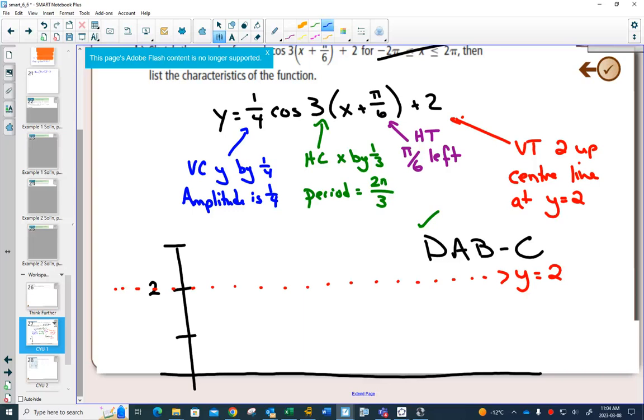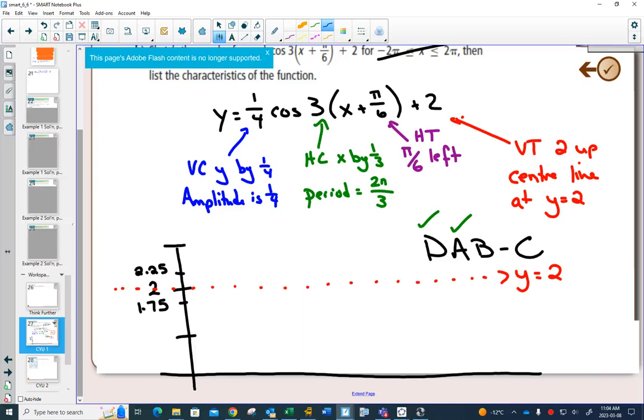Since the A value is 1/4, my maximum is going to be at 2.25 and my minimum at 1.75. So I tried to space things out so that I could show that already when I was making my scale. We've now done the A value. So we use the amplitude to show where our maximum and our minimum are on our y-axis. So now we've got center line, we've got our maximum, we've got our minimum.